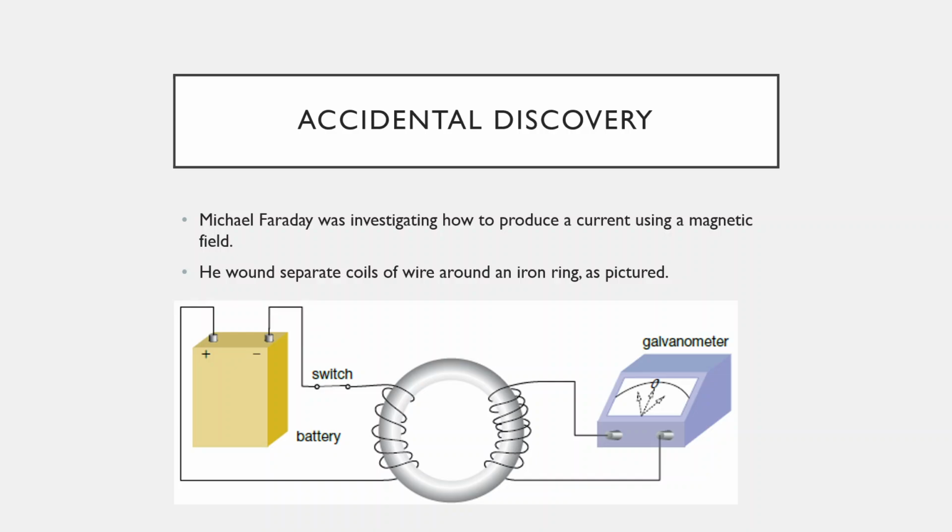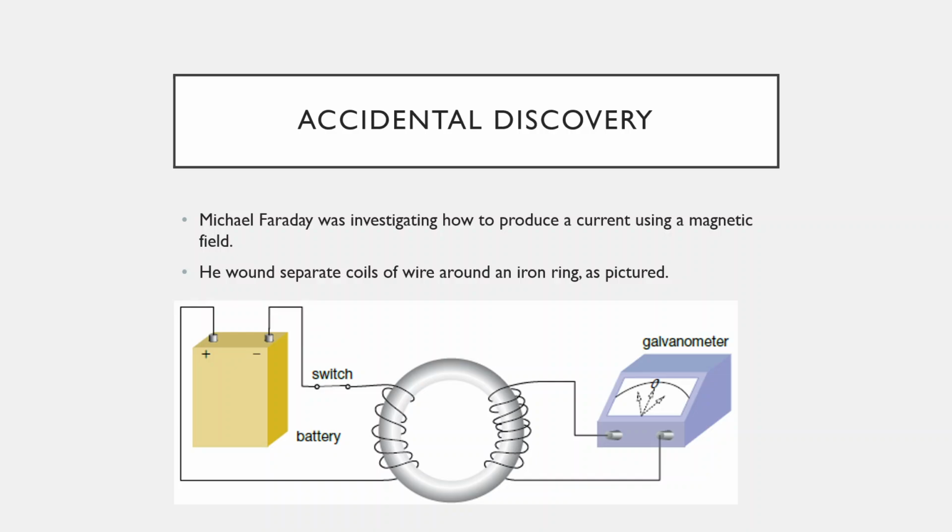That was in the previous area of study. So currents generate their own magnetic fields. So Faraday thought, well, if currents can generate their own magnetic fields, then maybe we can flip it the other way around and use magnetic fields to create current. And this is what he set up.